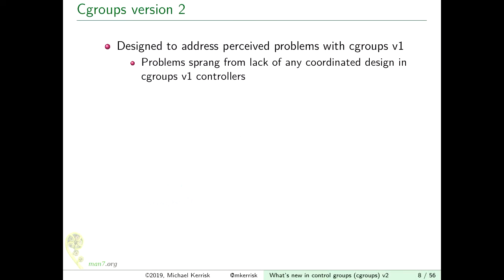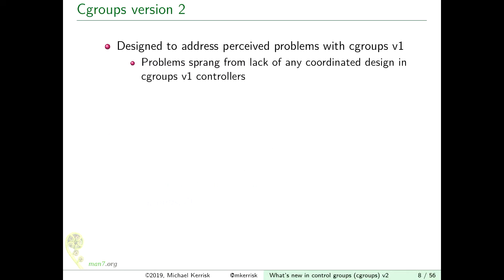So the reason we have Cgroups version 2 is because Cgroups version 1 turned out to be an almighty mess. Basically, there were a whole bunch of controllers added in Cgroups version 1. They were added by different groups of people. There was no coordinated overall design, and after about 3 or 4 or 5 years, people realized this is an inconsistent mess, and the only way of fixing it is to start over.